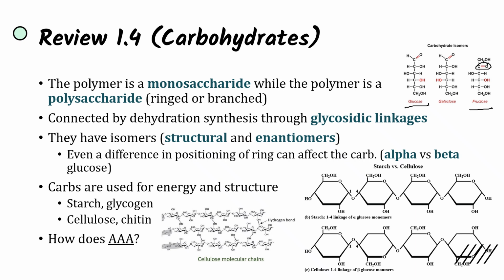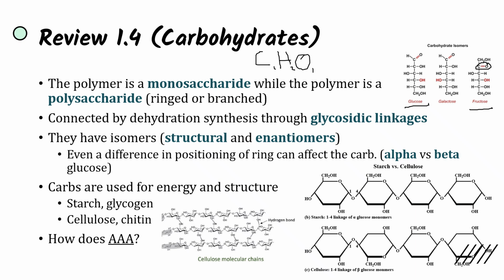However, there is a difference in the structure of the bonds. And it's important to also mention that all carbohydrates are composed of CHO, carbon, hydrogen, and oxygen, and there's usually a 1-to-1 ratio, like in glucose, C6H12O6. Enantiomers are simply mirror images, which we can see between glucose and galactose.